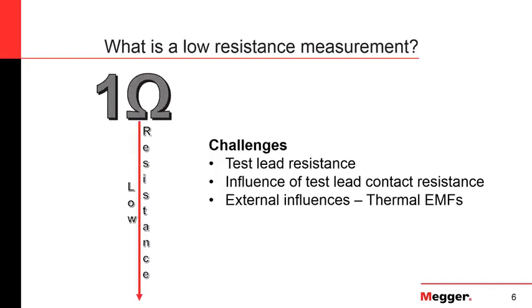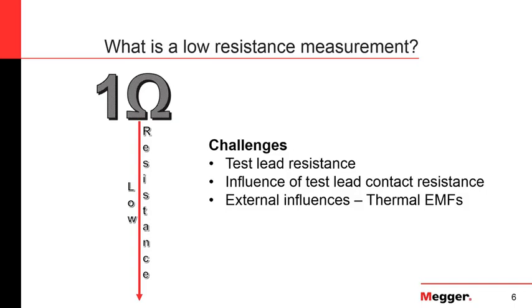Jumping right into the topic, I would like to start by answering the question, what is a low resistance measurement? Whenever we are measuring resistance values below 1 ohm, we consider those as low resistance, and we should be aware that at those very low levels, we are going to face a few challenges, like the influence of the test lead resistance.